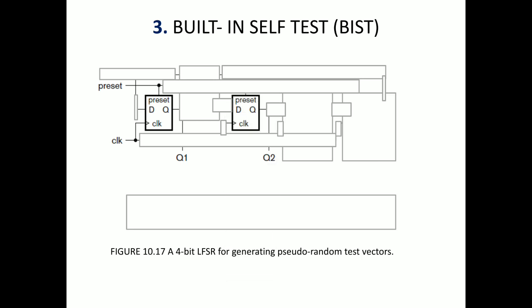Then we take the second register and give the output of the first flip-flop to the second flip-flop, but not directly, we use an XOR gate. The XOR gate output is the input to the second flip-flop. Why? Because there is a logic behind it to generate pseudo random sequences. One input of the XOR is the first flip-flop output, and the second input is feedback from the last flip-flop.